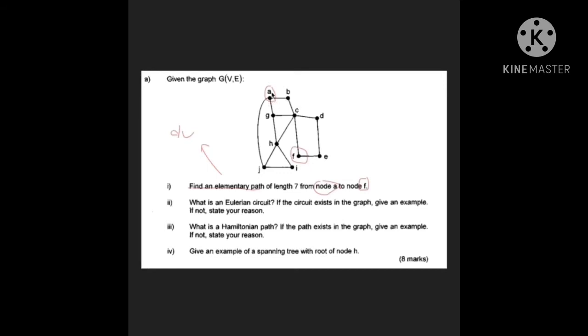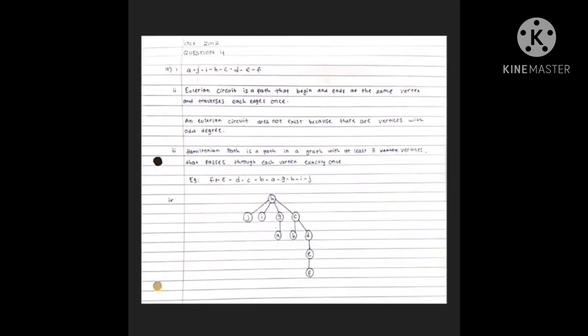The answer will be A, G, I, H, C, D, E, and F. If we look at this answer, every line is only gone through once, and then we just need to write our answer on the paper sheet like this.